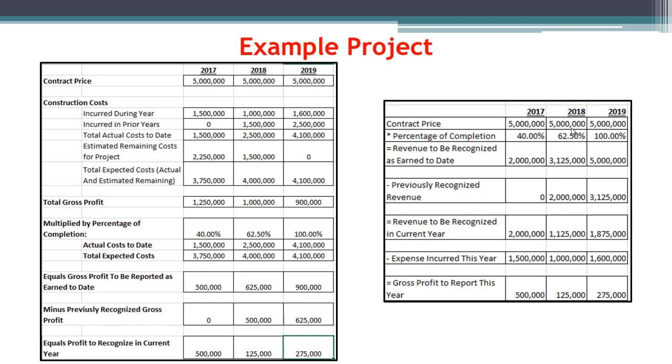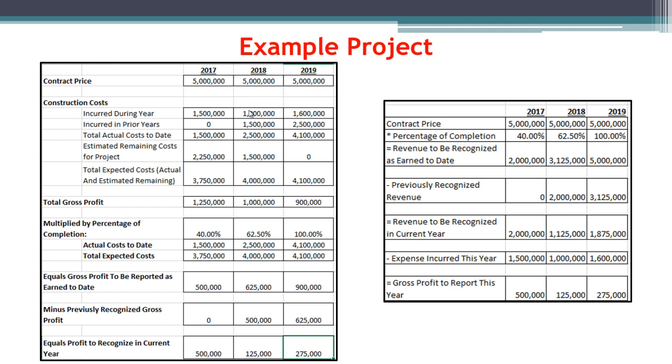So let's go to year two. Now, by this point, we should have recorded 62.5% or $3,125,000 of revenue. We already recorded $2 million last year, so we need to report another $1,125,000 in revenue just this year.